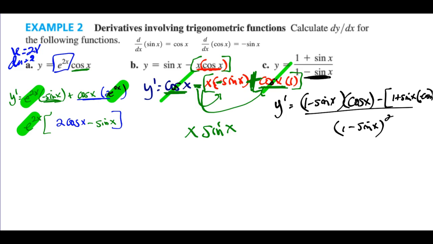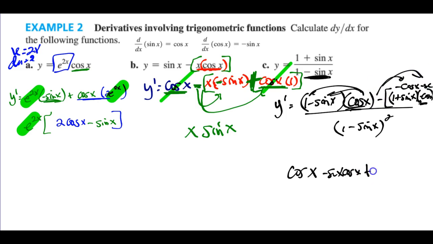I see some things that I could maybe factor out of cosine x, but I'm just going to multiply it out because most of you feel comfortable multiplying things out instead of factoring. So cosine x minus sine x cosine x. Let's see. I'm going to distribute this, so it's negative cosine x minus sine x cosine x, but when I distribute this negative, it's plus cosine x plus sine x cosine x.